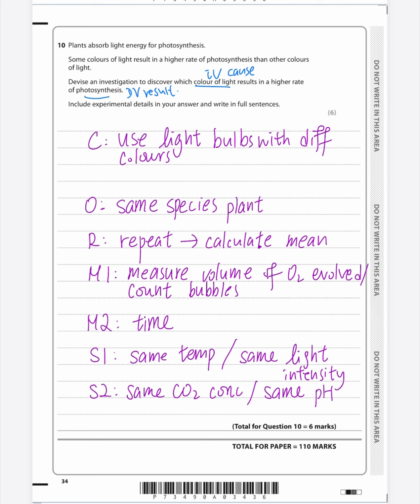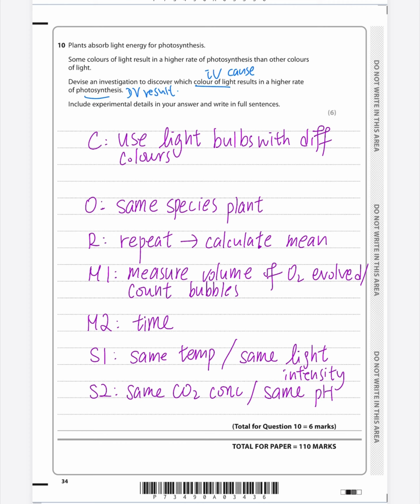So what should be measured? This point is M, measure. How do we measure the rate of photosynthesis? We can use the volume of oxygen produced or count bubbles. Just like what we have mentioned, for example, we do 100 plants under red light and then they have different volumes of oxygen produced.